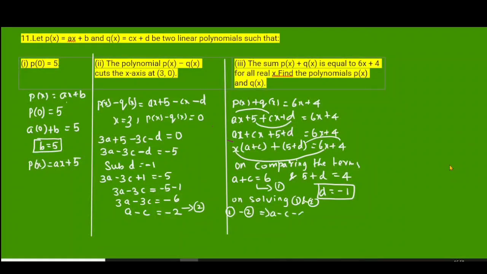A plus c minus a minus c is equal to 6 minus -2... a cancels. Minus 2c is equal to -8. So c is equal to -8 by -2, c is equal to +4. So we got c is equal to 4.